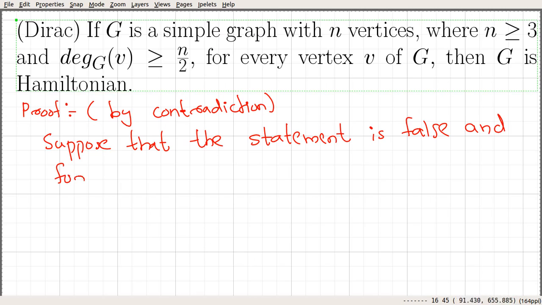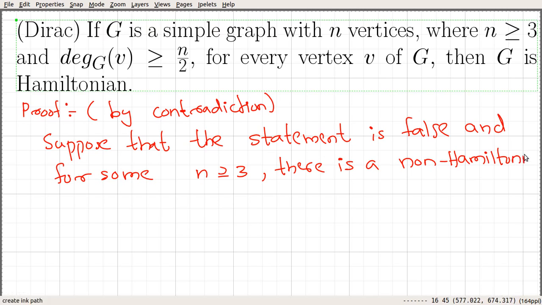Okay, and that says, for some n greater than or equal to 3, there is a non-Hamiltonian graph.